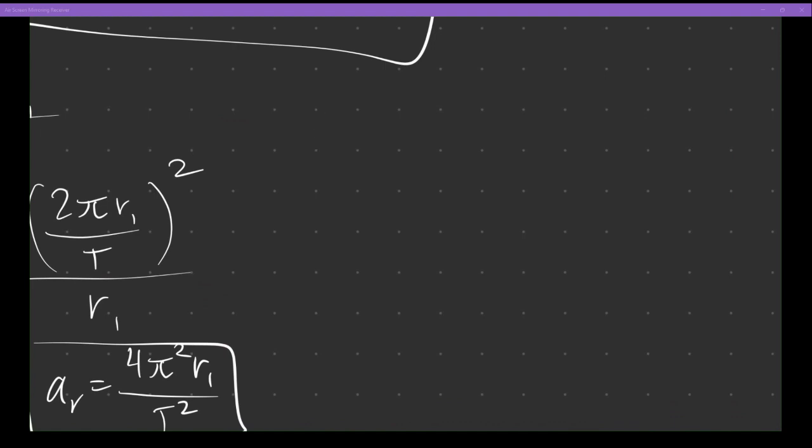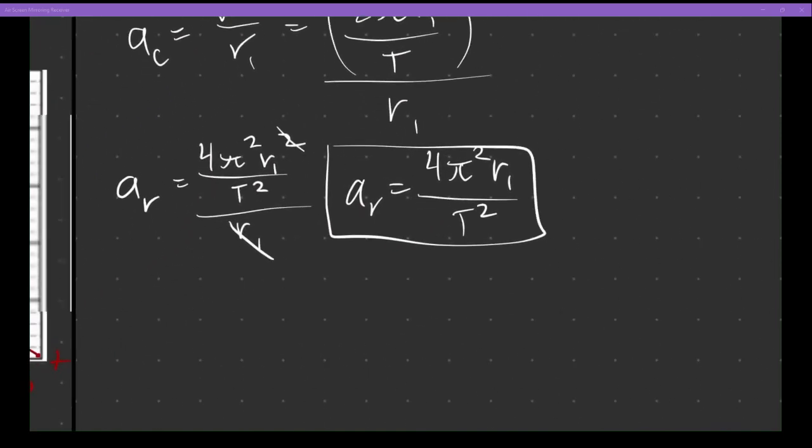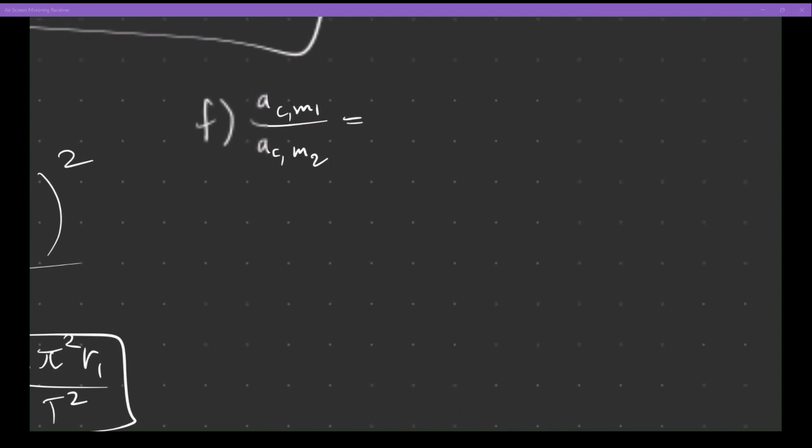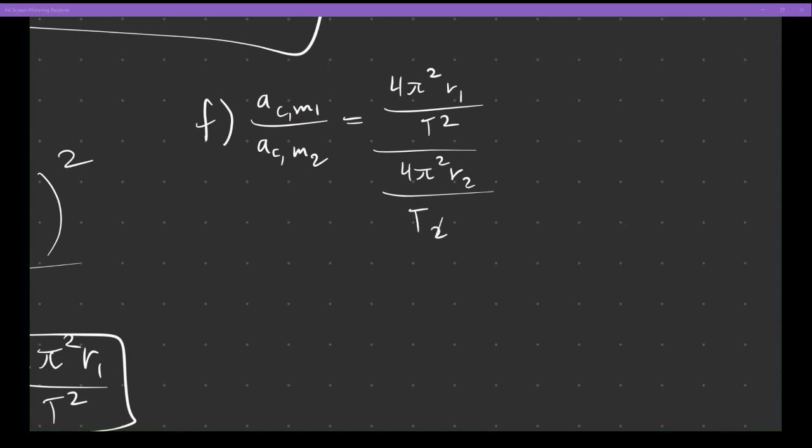That's it. Going to part F now. Just comparing AC M1 to AC M2. And so I know the AC formula in this case is just 4 pi squared R1 over T squared over 4 pi squared R2 over T squared.